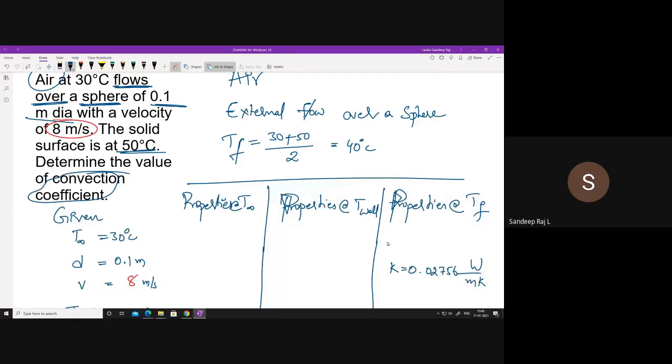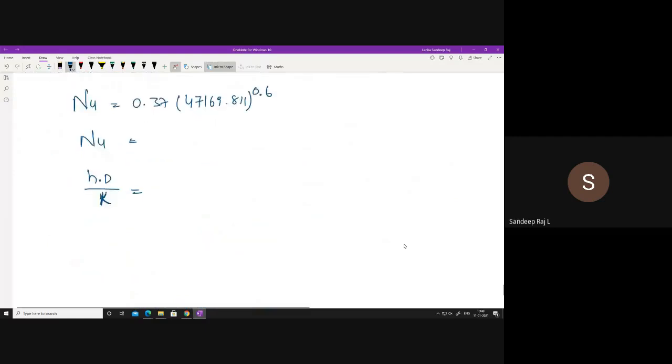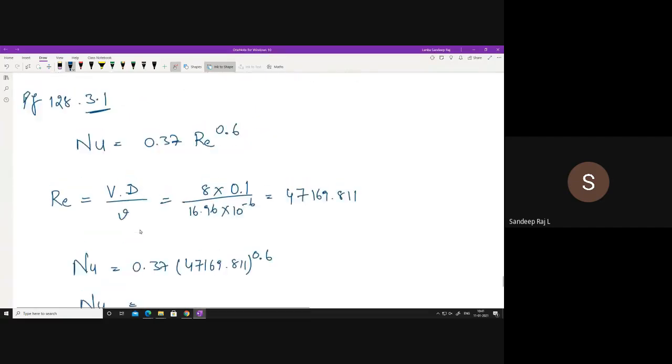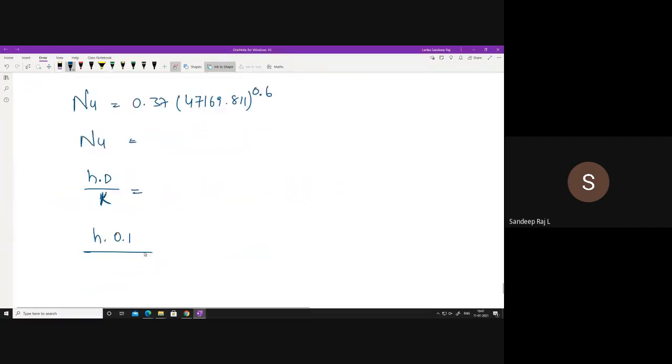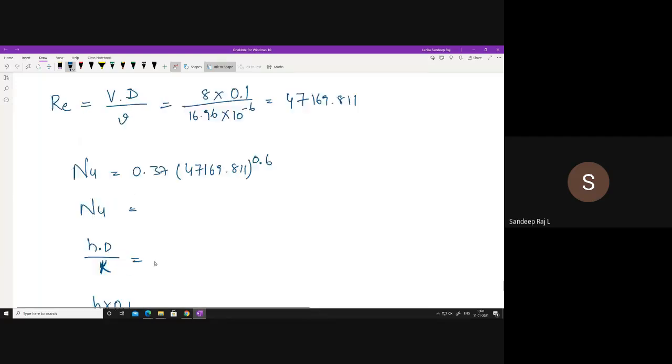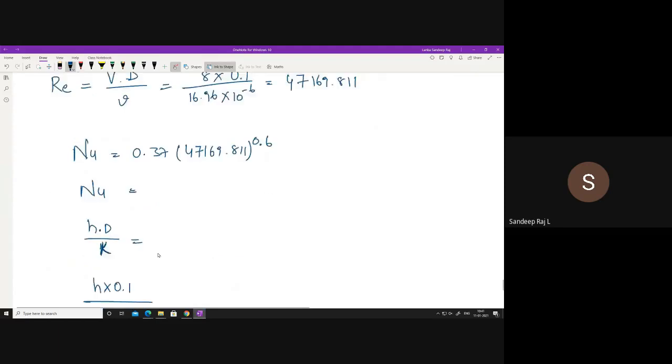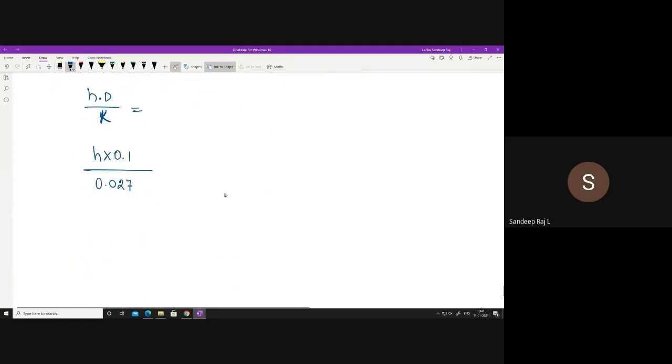Then h into D, where D is 0.1, by k, 0.02756, equals the Nusselt number value.